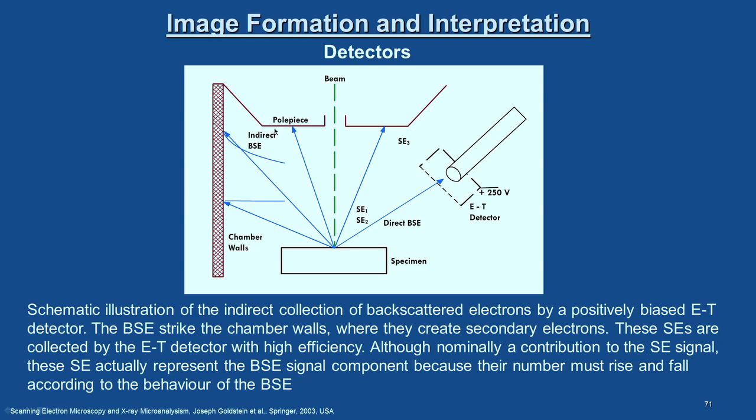In that interaction they lose a lot of energy. In that process it produces SE2 and SE3 of varying energies, and then they are being collected by the ET detector.